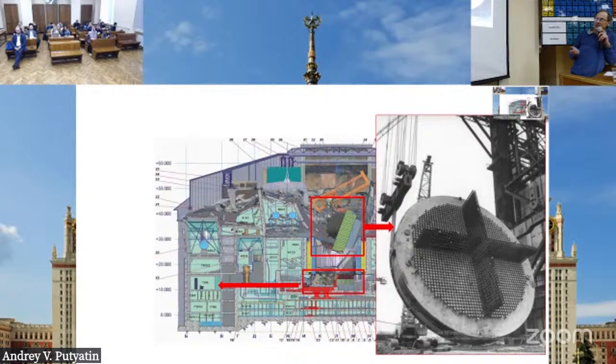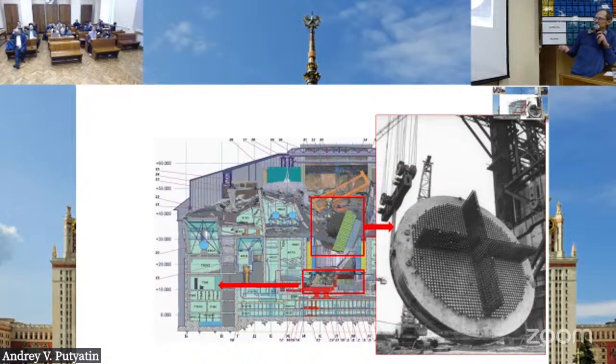And just to understand the scale, this is the so-called upper biological shield, and this is a human for size. This is not from Chernobyl, but from an identical reactor at the Ignalina nuclear power station, which is now in Lithuania and is now closed due to political reasons. Nevertheless, you see that this detail is fairly large, and it is connected to the bottom, and there are two identical details.